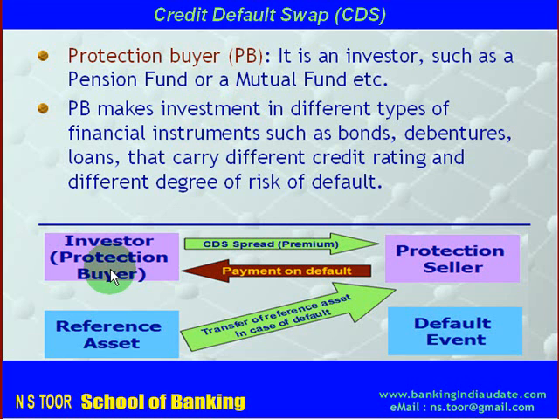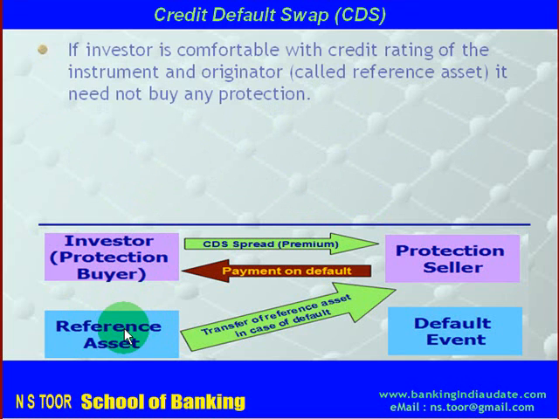He may make investment in bonds, debentures, loans, and these investments carry different credit ratings and different degrees of risk of default. So this person is making investment in reference assets which may be bonds, debentures, loans, and these reference assets carry different credit ratings and there is a different degree of risk of default.